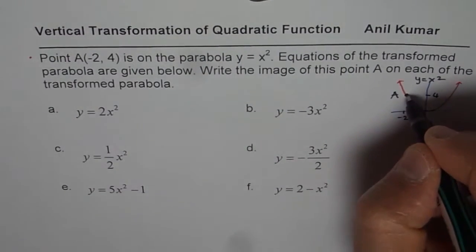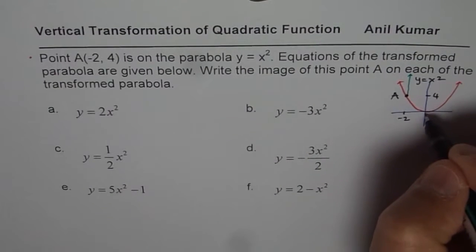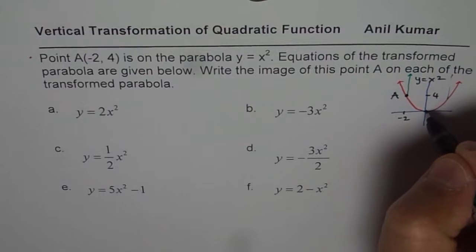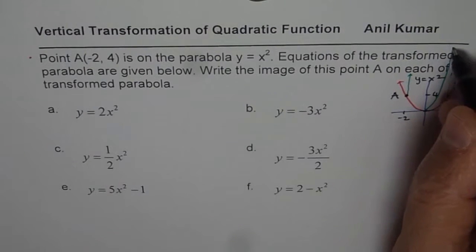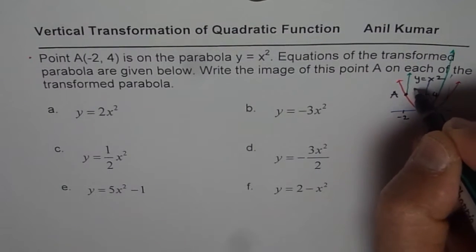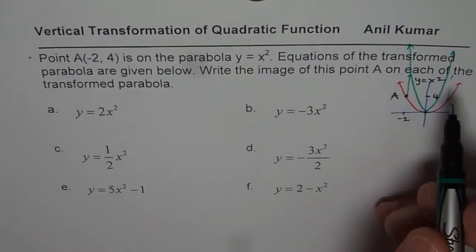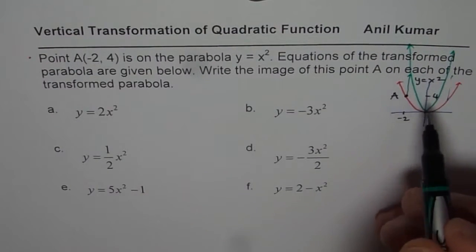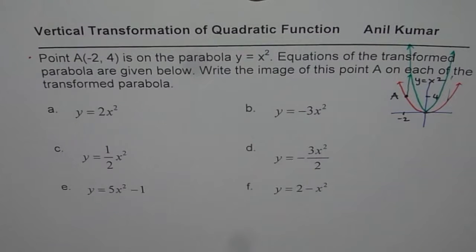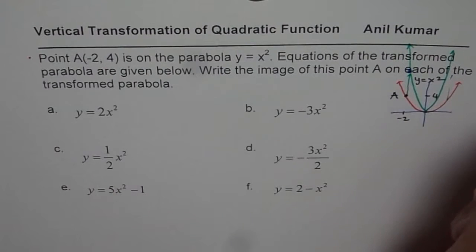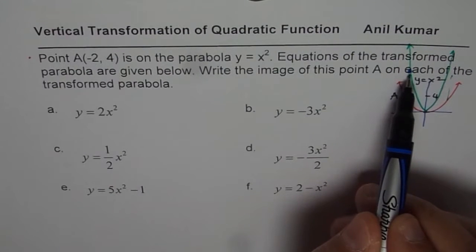So all y values will be stretched. 0 remains at 0, but all other values will be stretched. So you will get a stretched parabola, opening upwards still, but narrower, right? And as it stretches, you observe that this point moves to a different location. So that is the location which you want to know.